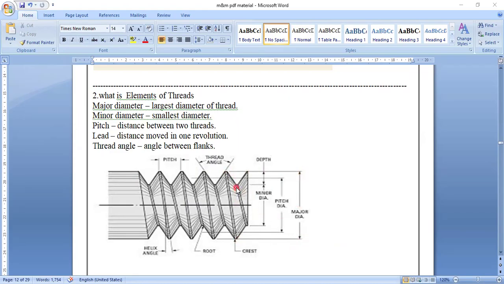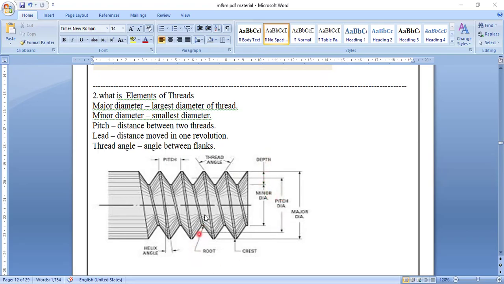Minor diameter means this one, the smallest diameter of the thread. In between the major and minor diameter there is the pitch diameter. The difference between major and minor is called the depth.